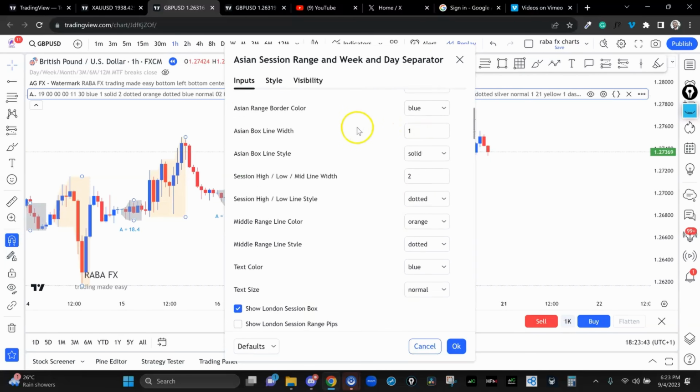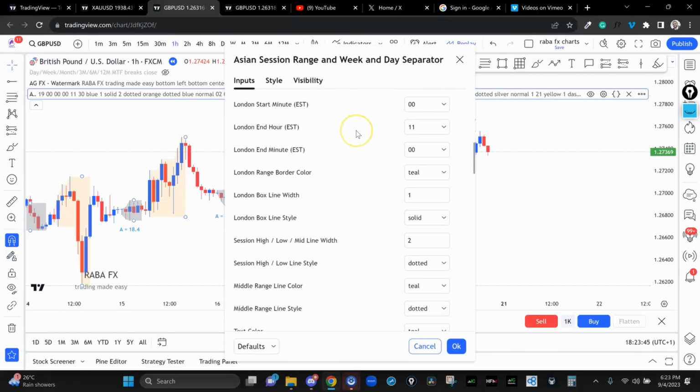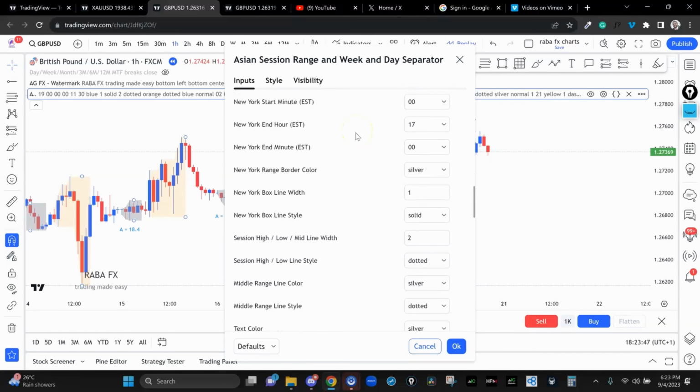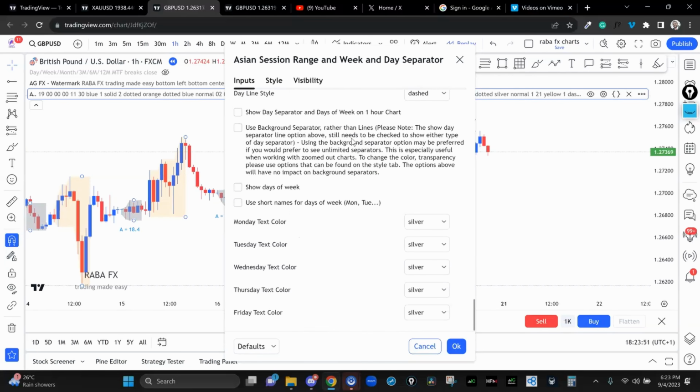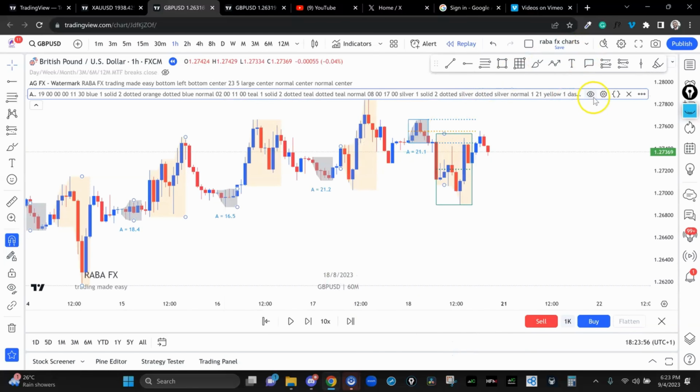I will scroll down gently for you to copy those settings. Once you're done, you click OK, and then to make it visible, you click this. This is hide. Then when you put your mouse around it, it will show you show. Then you click it, it becomes visible.